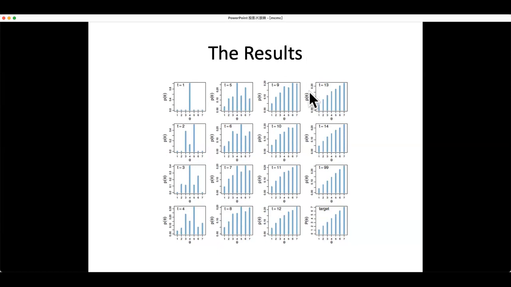We know that on day one, the politician is on the fourth island, so the probability for the politician on the fourth island is 100%, and the probability on the other islands will all be 0.